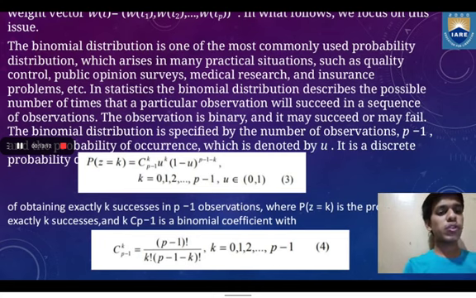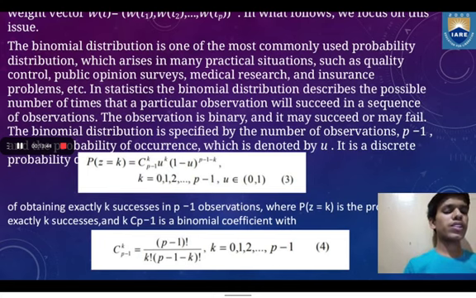The binomial distribution is specified by the number of observations, p minus 1, and the probability of occurrence, denoted by u. It is a discrete probability function: P(Z = k) = C(p-1, k) u^k (1-u)^(p-1-k).